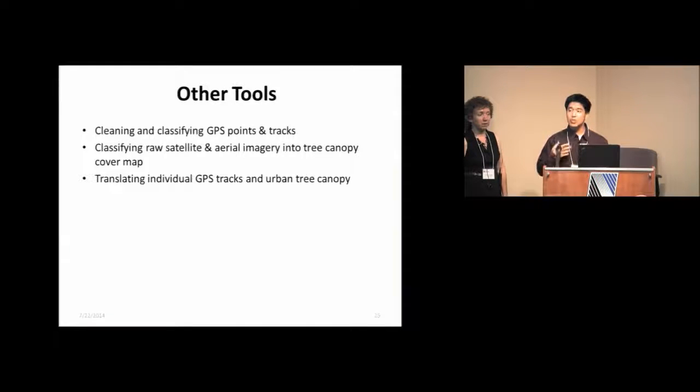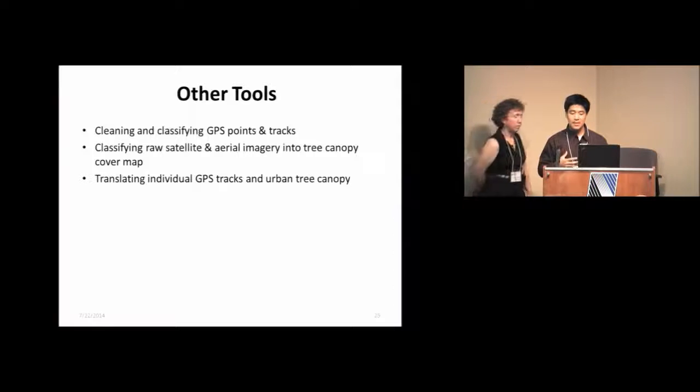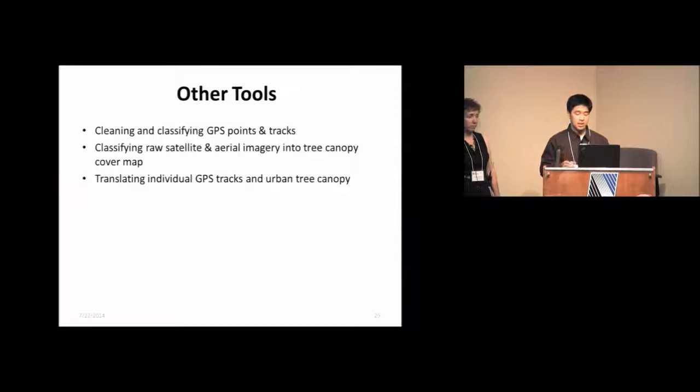So it requires a lot of tedious data cleaning and classifying. They have to look at the satellite image and then translate it to see how dense these green infrastructures are, how land cover would affect their activities, and translate all these tracks and urban tree canopy together to find the access score and see how it works.